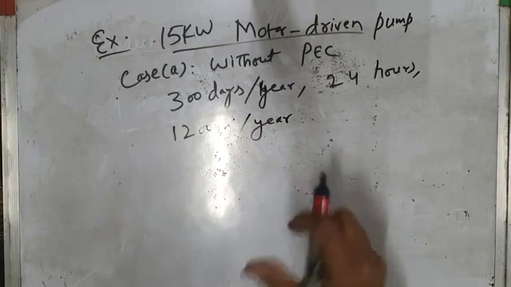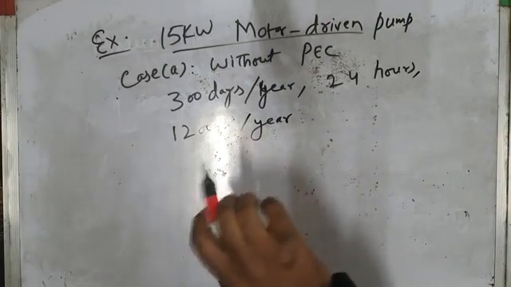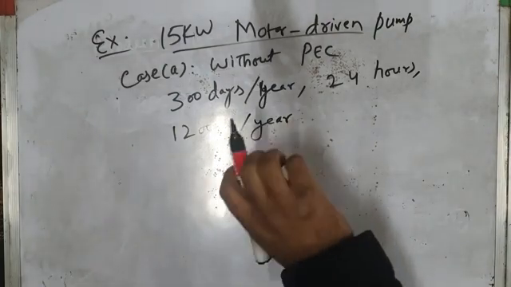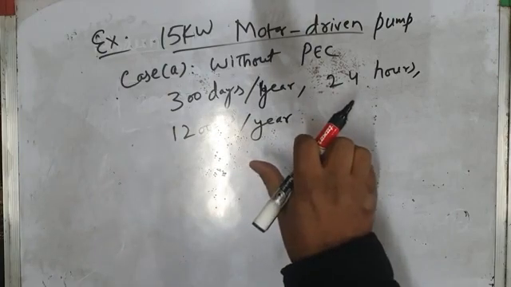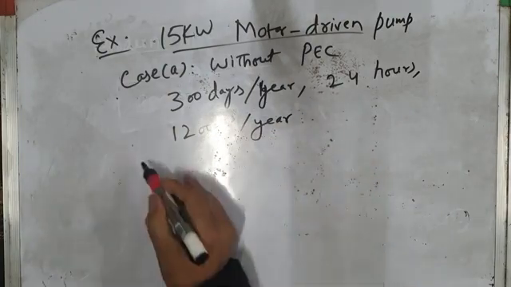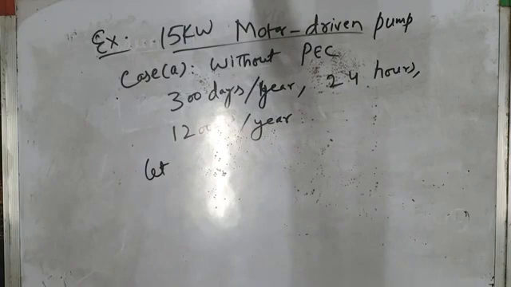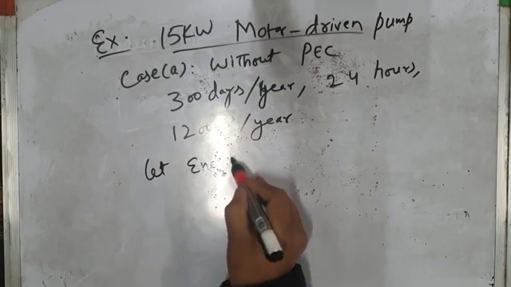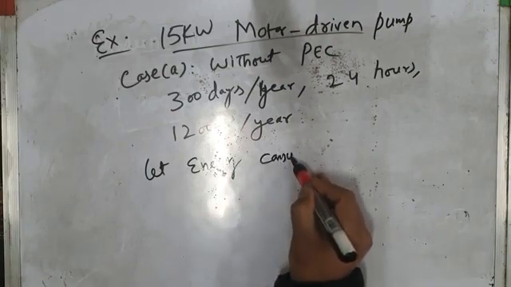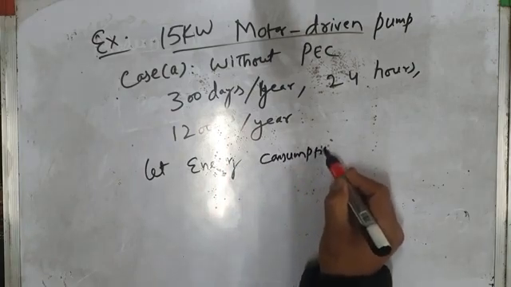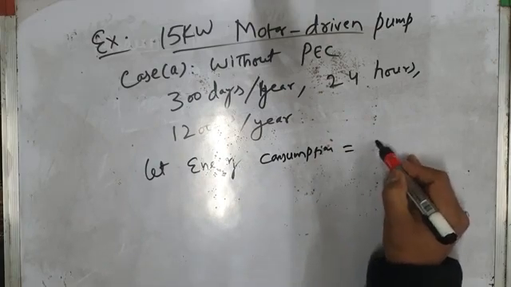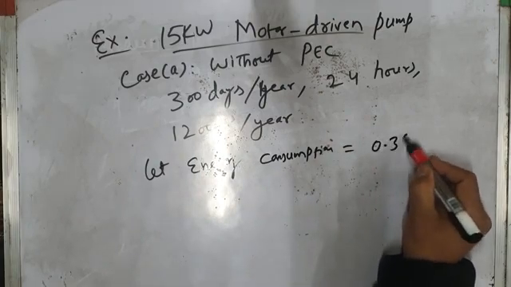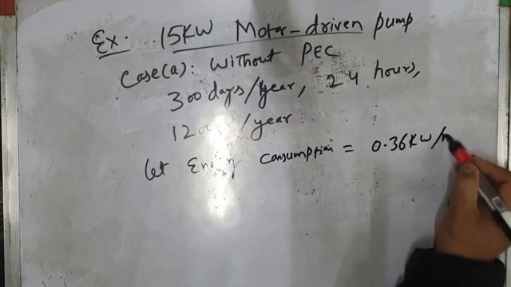For high flow rate, the throttling valve is open. For low flow rate, you partially close it and there is wastage of energy. Let us assume that the energy consumption is 0.36 kilowatt hour per cubic meter.